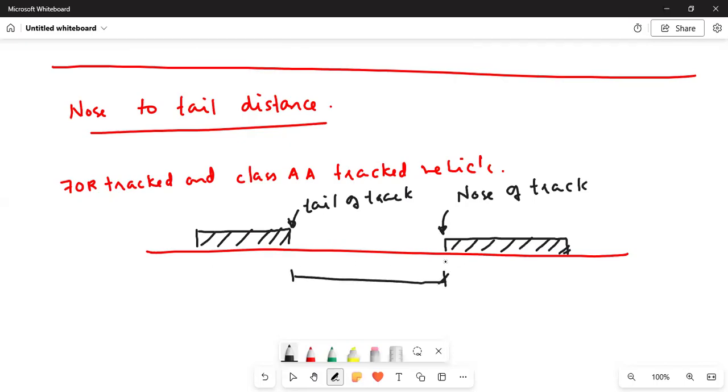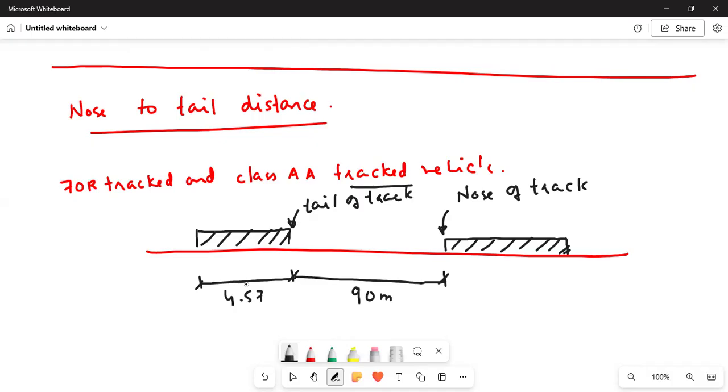When you're putting the load on the bridge, you cannot put load one track right after another. You have to have some distance between the tracks. That distance will be 90 meter in case of tracked vehicles. The contact length of the track is 4.57 meter in 70R, and that is different in class AA tracked vehicle. The only difference between the 70R and the class AA tracked vehicle is the contact length.